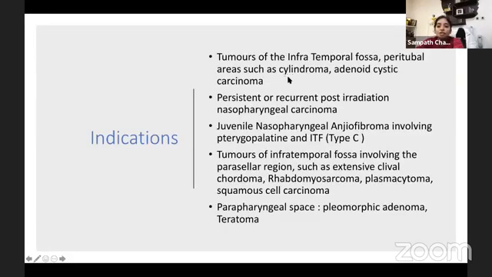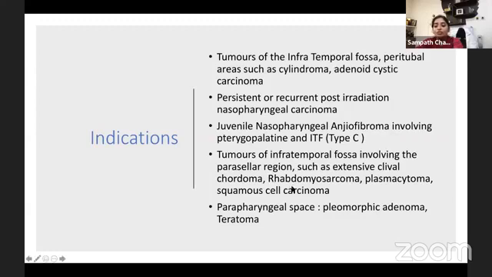So what are the indications? Mainly this infratemporal fossa type C approach is for nasopharyngeal carcinomas, and also tumors of the infratemporal fossa, and peritubal tumors such as cylindroma, adenoid cystic carcinoma, and persistent or recurrent post-irradiation nasopharyngeal carcinomas, and juvenile nasopharyngeal angiofibroma involving the pterygopalatine fossa and ITF, that is type C tumor.